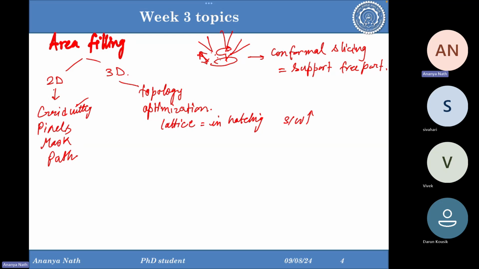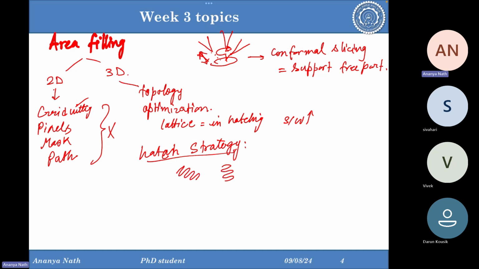So again, grid cutting, pixel, mask, path, these are different 2D slicing, 2D hatching or area filling techniques which are very popular. So there are many popular path planning or hatch strategies, where we fill the area in different ways.